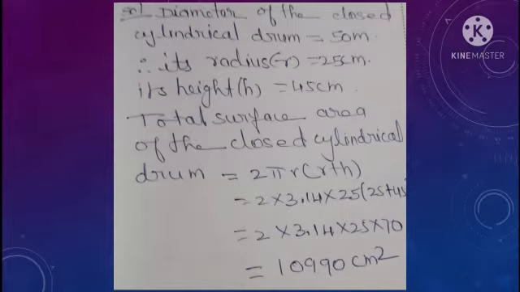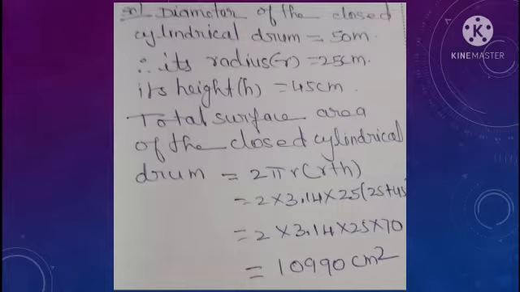Now we want to find out total surface area of the closed cylindrical drum, that is equal to 2 pi r into bracket r plus h, that is equal to 2 into 3.14 into 25 into bracket 25 plus 45.